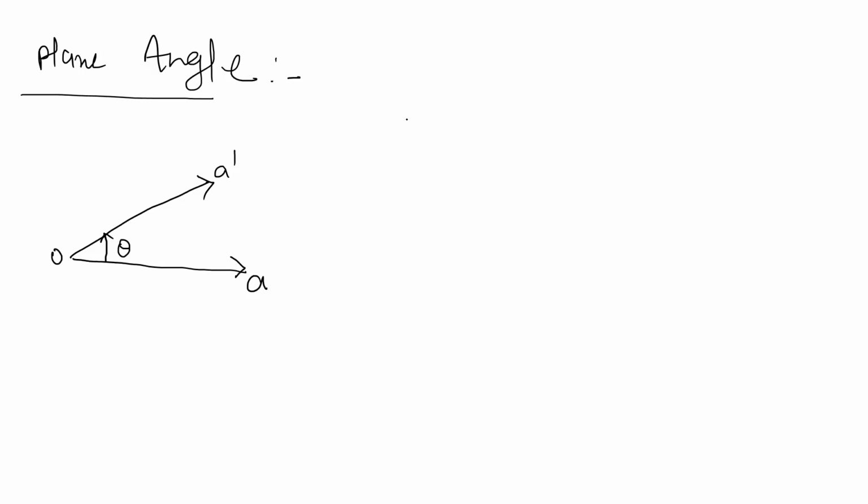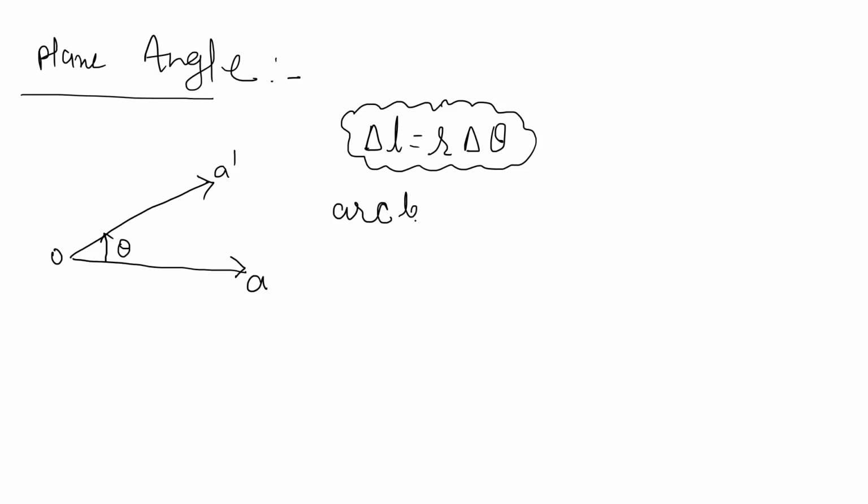In mathematics, you know the relation between radian, arc and radius: delta L is equal to r delta theta. You heard about this relation. You can also say arc length is equal to radius into angle, into a radian angle.